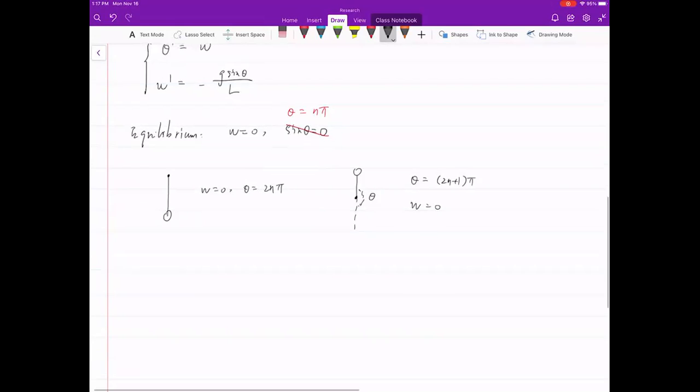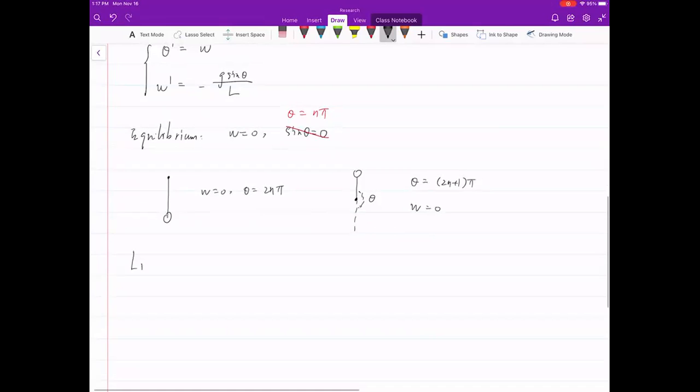Now let's do the linearization. Before we have partial f, partial x, just to make sure that this time you have partial f, partial theta, and partial omega, partial g, partial theta, partial g, partial omega.